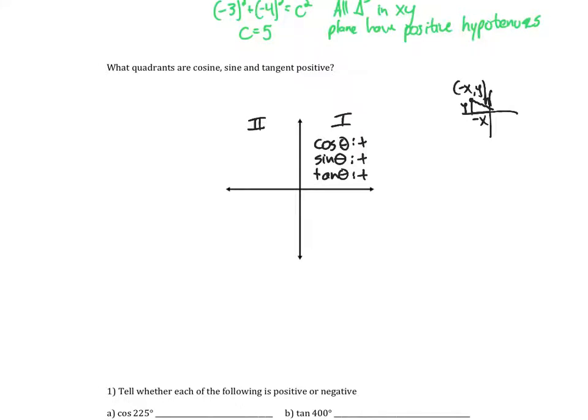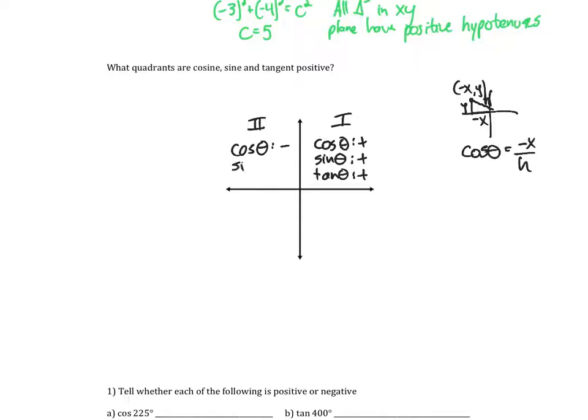So cosine comes from adjacent over hypotenuse. You would have a negative x over a positive h. Cosine of theta in quadrant 2 would have to be negative, right? Because if I use this triangle over here, cosine of theta would be negative x over positive h. We know h is always positive, so cosine would have to be negative, which means secant would have to be negative.